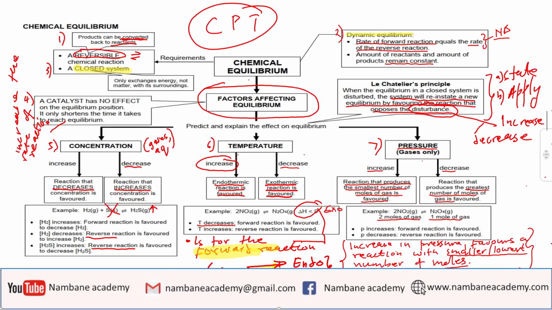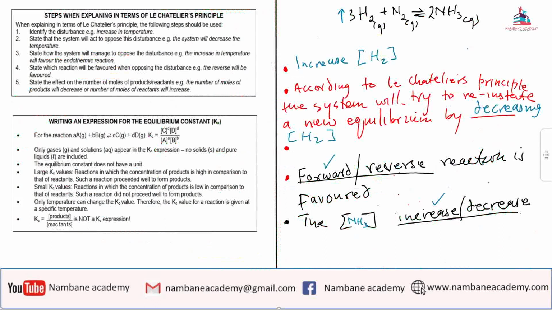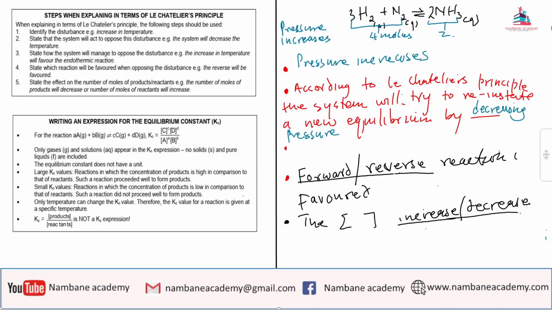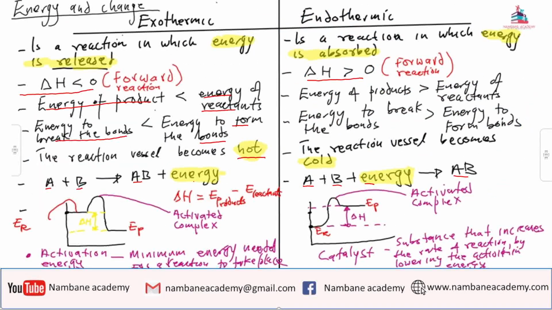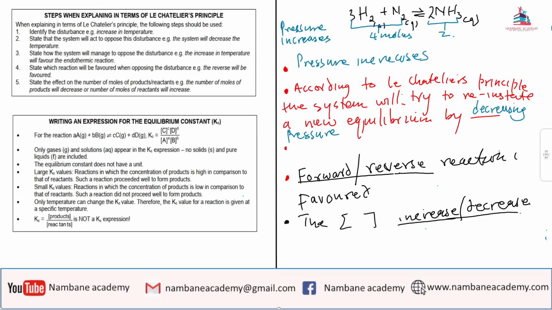It says, when an equilibrium in a closed system is disturbed, the system will reinstate a new equilibrium by favoring the reaction that opposes the disturbance. So if the disturbance is an increase, Le Chatelier will do the decrease. That is the reason why I said this becomes a standard operation, a standard operation of bullet number 2.